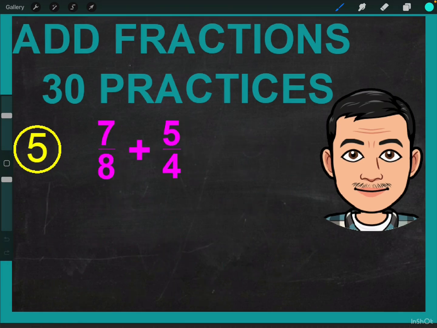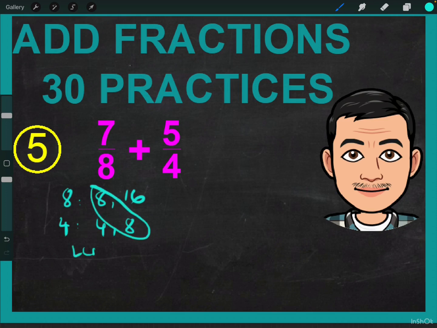Practice number 4. We will find out the LCM for number 8 and number 4. For number 8, we have 8, 16. Number 4, we have 4, 8. We can find out 8 is the LCM for both number 8 and number 4. So we don't need to convert the 7 over 8.